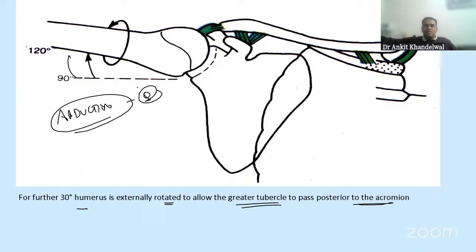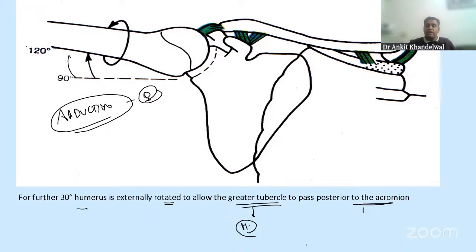So at 90 degrees, as you go further, you will feel that your humerus is slightly laterally rotating, such that the greater tubercle, what is greater tubercle? It's a bony part in the humerus. It goes behind the acromion so that it does not clash with the acromion. Slight movement of the greater tubercle.